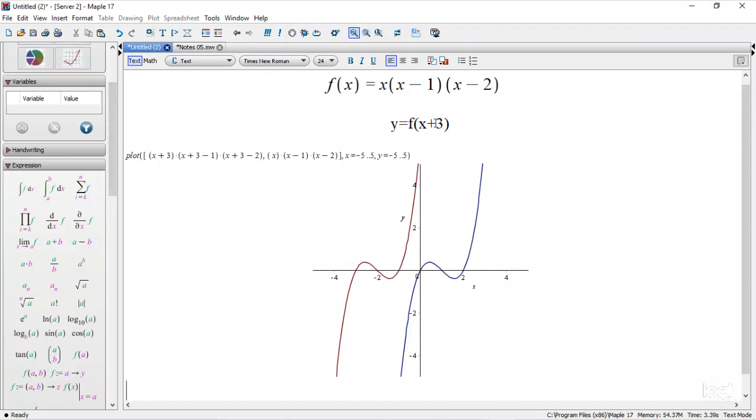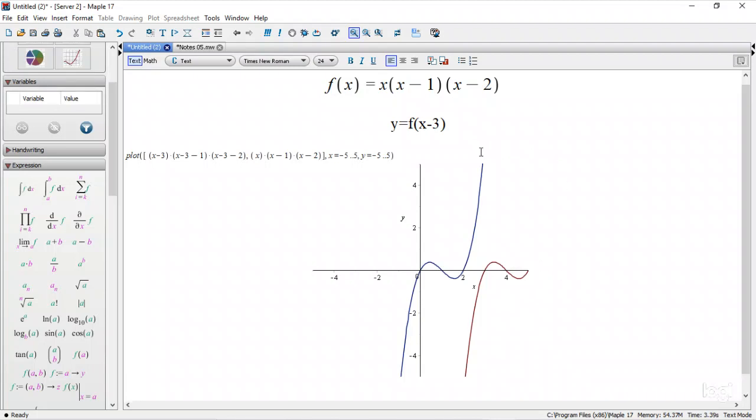Now let's discuss what will happen if it is minus 3. So it's a translation again. The graph is moving to, yeah, you can guess, and let's see the translation. The graph is translated, or shifted, by 3 units to the right.